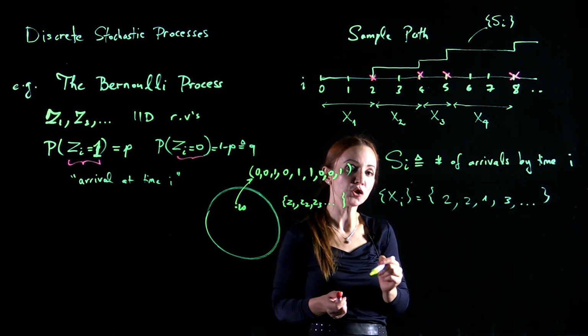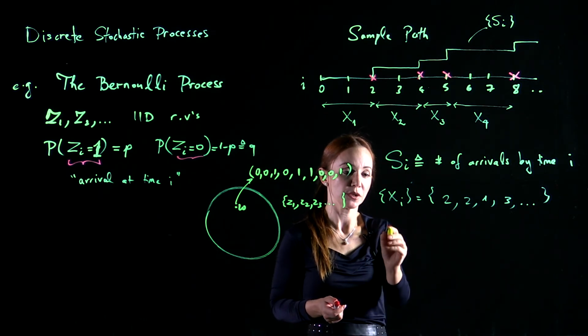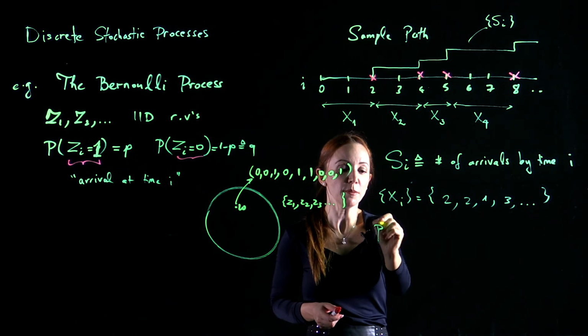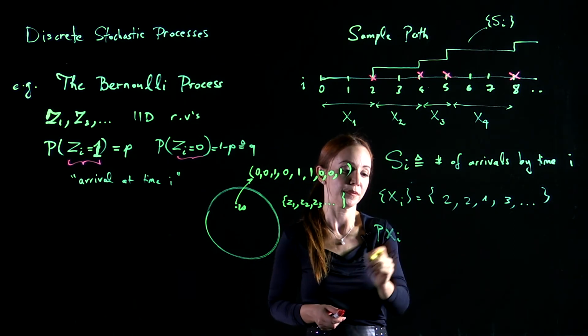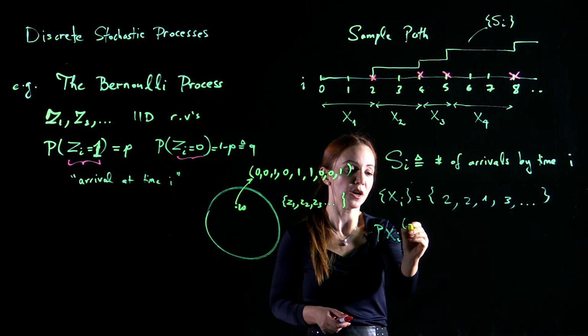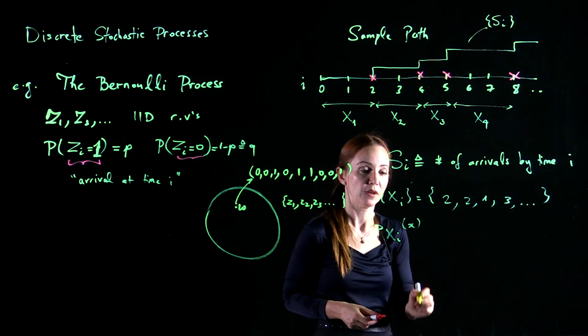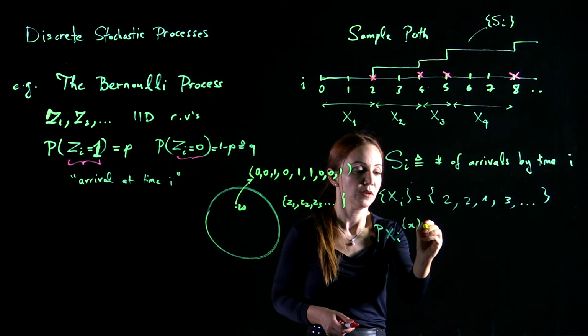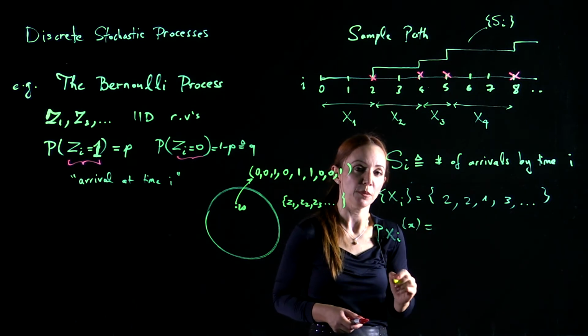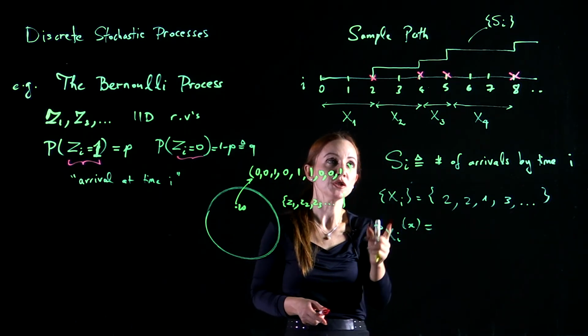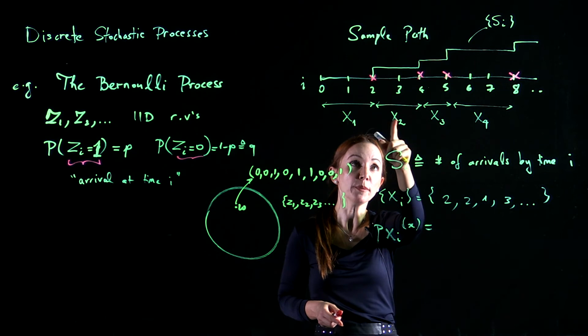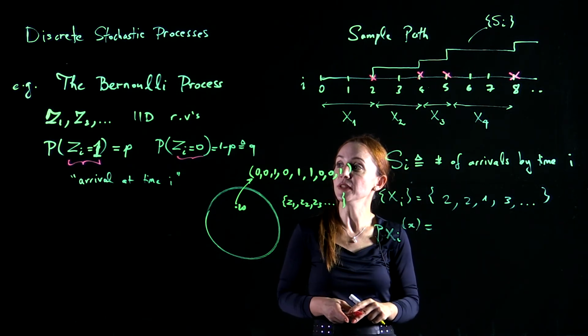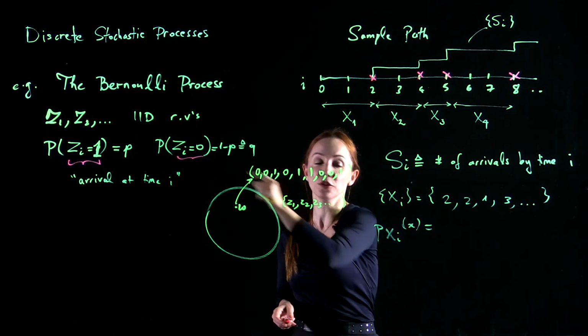How about the distribution of these inter-arrival times? The PMF of the inter-arrival time Xi is the geometric PMF. Why? Because we're talking about independent trials with probability P of success.